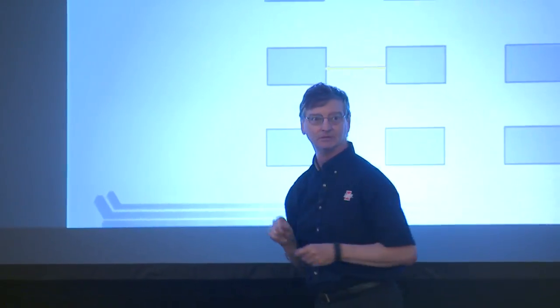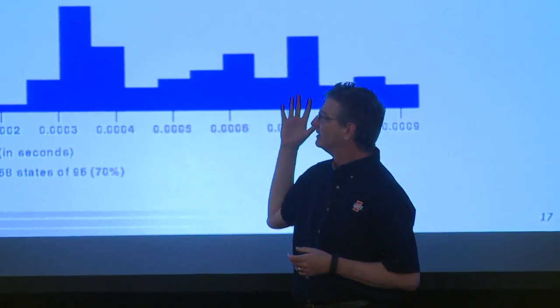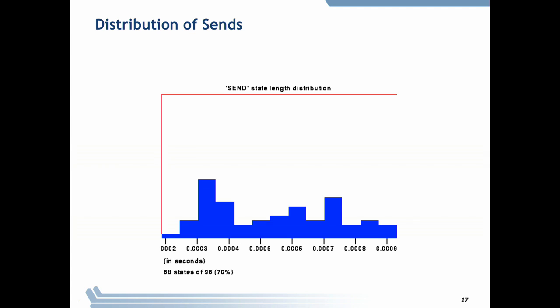0, 1, 2, like that. OK. So there's actually a couple of interesting things here. You also look at the distribution of send time. So this is not as clean as our execution model would suggest, but you've got the fast time.